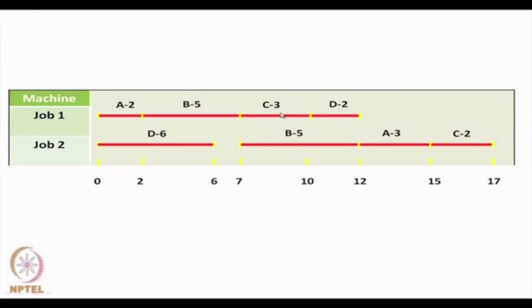By that time C is also free, and C then works on job 2 for 2 hours. So, the total makespan is 17 hours. So, we see that this is the time for which job 2 remains idle. So, this is the Gantt chart for the job.